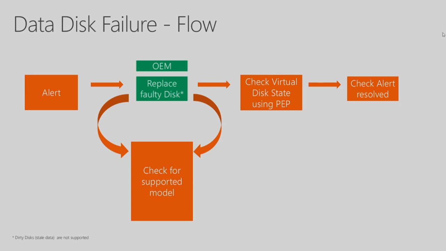Important here, Azure Stack validates that the drive you put into the system is a supported model, and if it is, it also checks that the firmware on the drive is a supported version. If it is not, we quarantine the disk and give you another alert. Once you have the right disk, we automatically start the repair process of the storage system, and then all you do is check that the alert has been resolved.